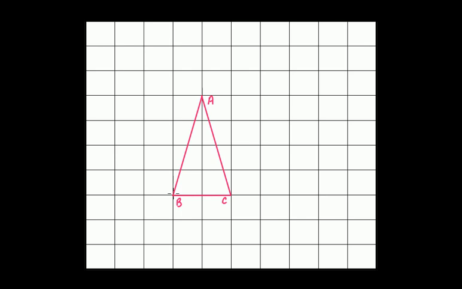That is, angle ABC will be equal to angle ACB. This is a basic definition of an isosceles triangle, and we have already discussed all these things when we were learning geometry.